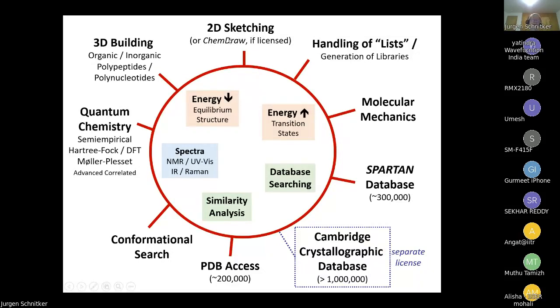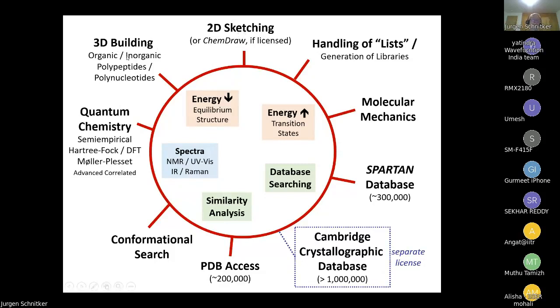In Windows, it seamlessly interfaces with it, but you have to have ChemDraw. We don't supply ChemDraw, but then it's completely seamless. But our 2D sketcher, which is the one I just used when I started, is basically the equivalent of ChemDraw. But many people are used to ChemDraw, so sure, use ChemDraw. It's the button in the build panel in Spartan.